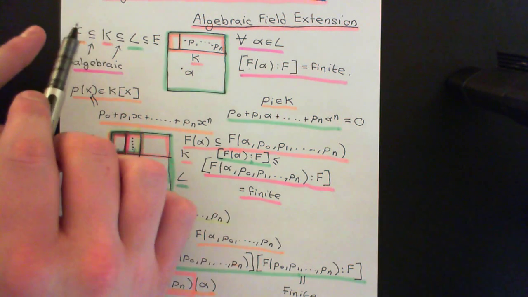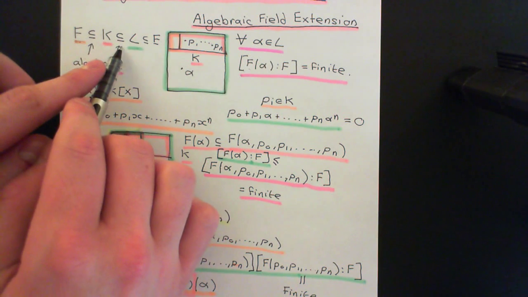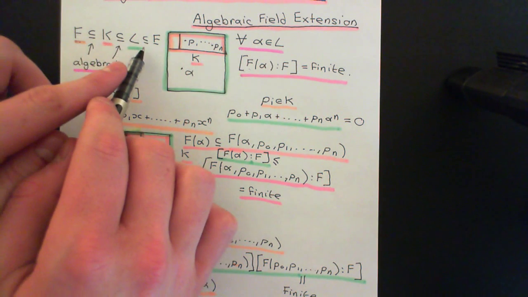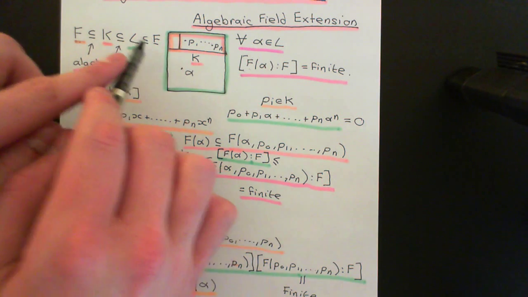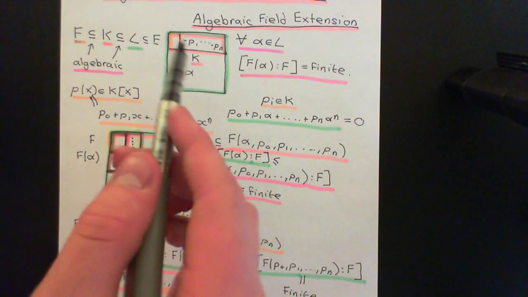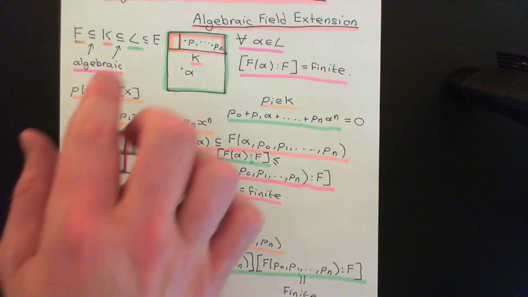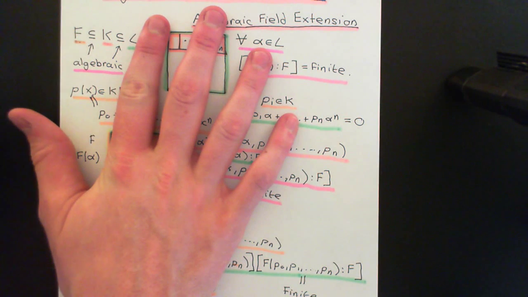What I'm trying to say is, if we know that K is algebraic over F, and we know that L is algebraic over K, and we know that E is algebraic over L, then we can conclude that E is algebraic over F, and the reason is that you can imagine getting rid of E initially.